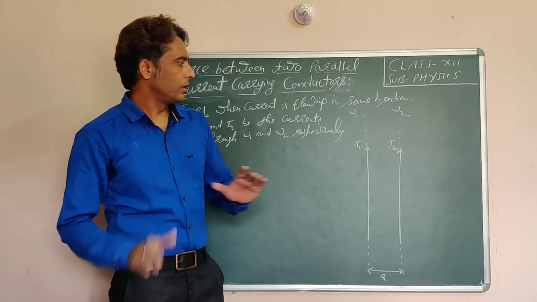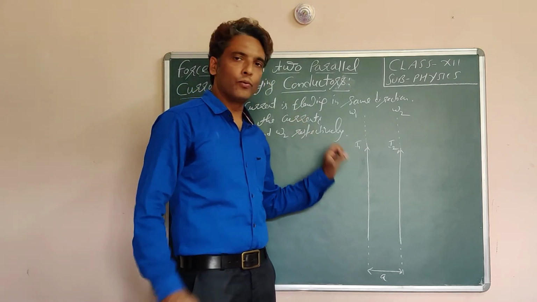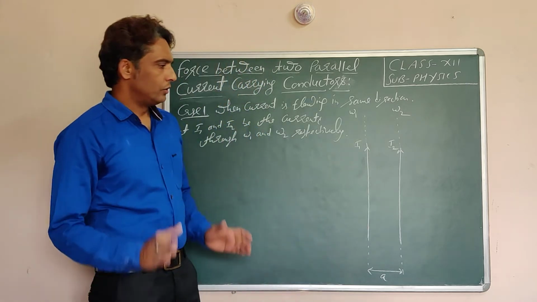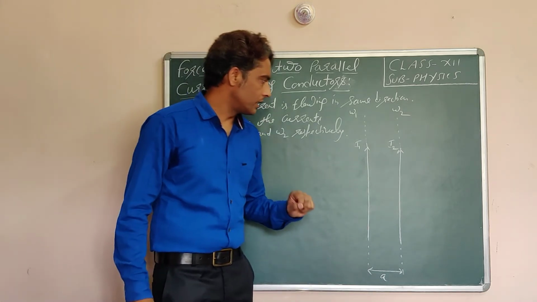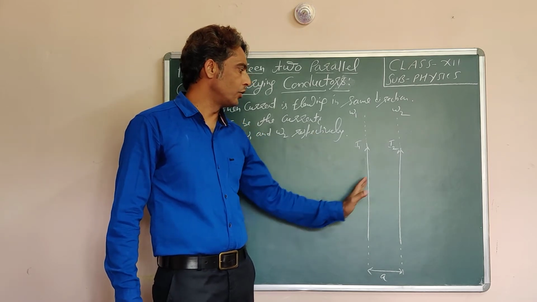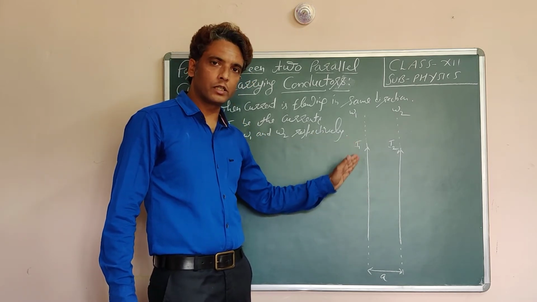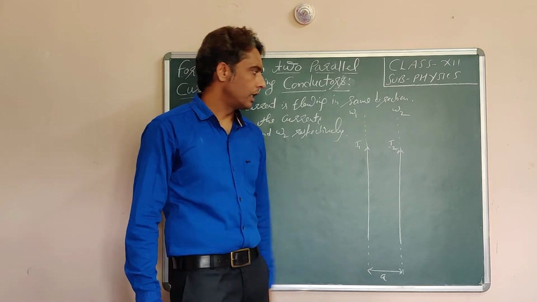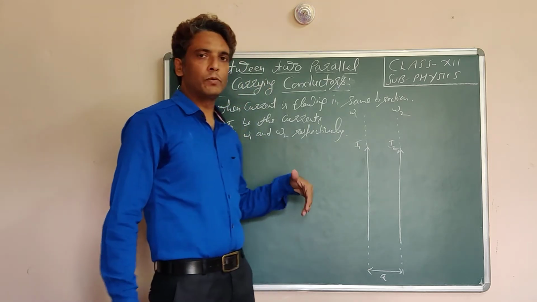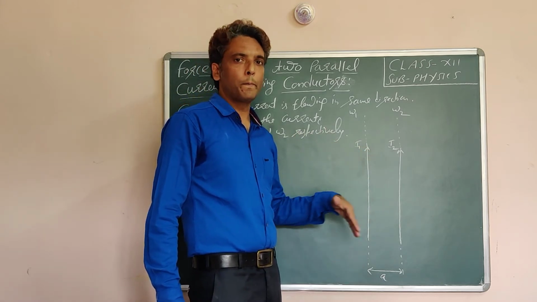Now for deriving this expression for force per unit length between these two conductors, you should know what is the magnetic field at certain perpendicular distance due to a current carrying conductor of infinite length, and also what is the formula for force experienced by a current carrying conductor in magnetic field.